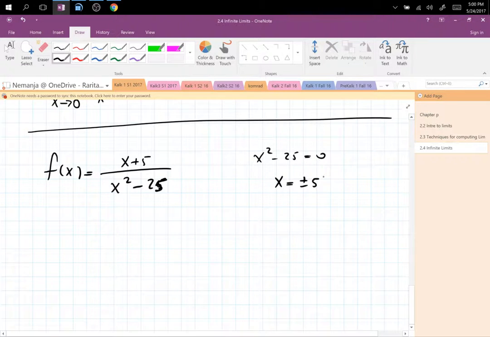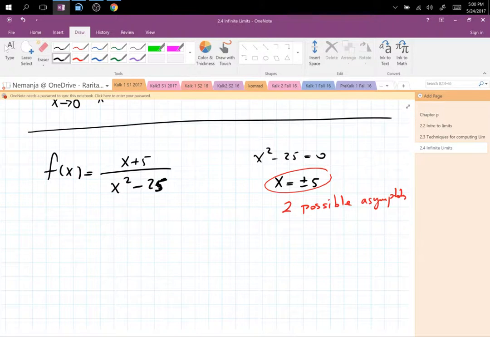We have two possible asymptotes. That's all we have from good old pre-calc.